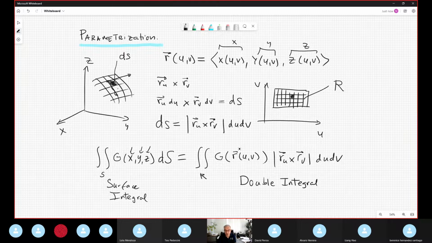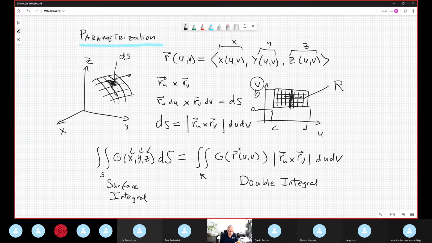The limits, well, in this case, if it's a rectangle, it's piece of cake. We integrate in this direction, for example the direction v, from this to this, a to b, and after you open the window from c to d. Super easy. I promise, we can see an example of this. But do you understand the basic idea?